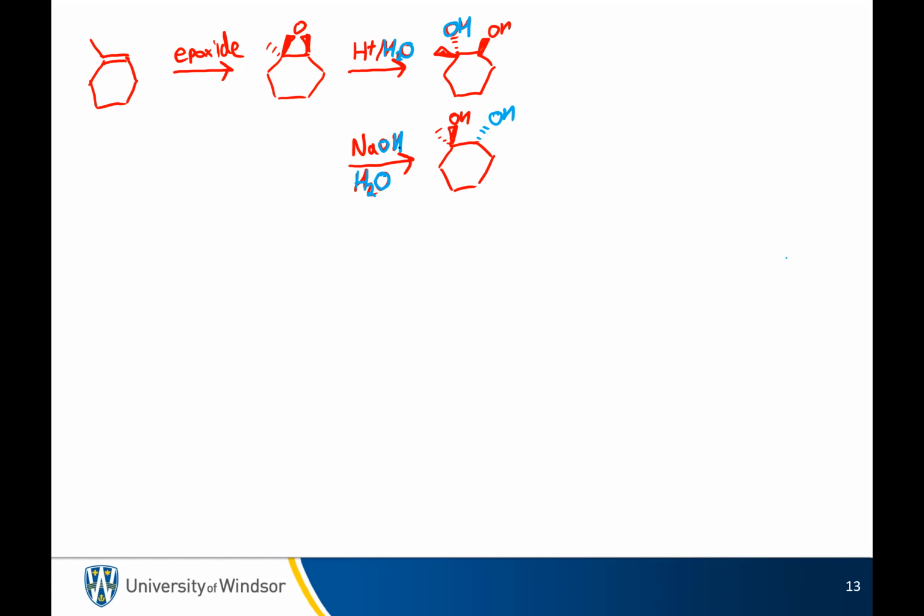Well, I guess they're enantiomers of each other, but you get both enantiomers anyways because the starting material is flat. But the OH is at different places. These are both trans diols. The hydroxyl groups are on opposite sides of the ring from each other.